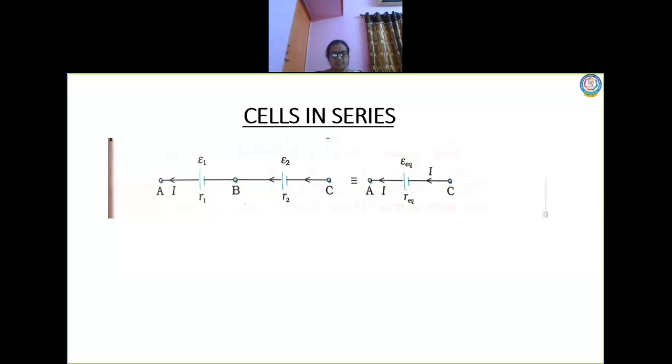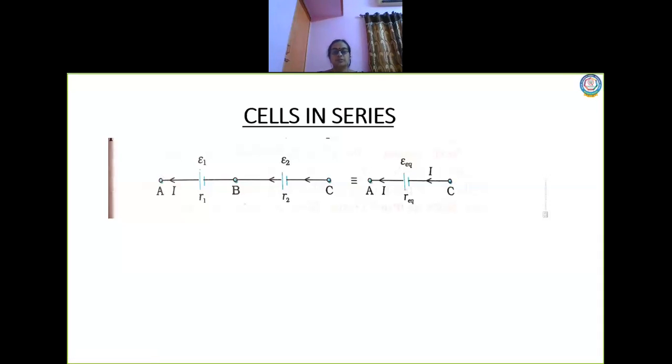Now look at this diagram, children. There are two cells, and they are connected in series where one terminal of the two cells is joined together. This is the negative terminal of the first cell, which is connected to the positive terminal of the second cell, and the negative terminal of the second cell and the positive terminal of the first cell are left free.